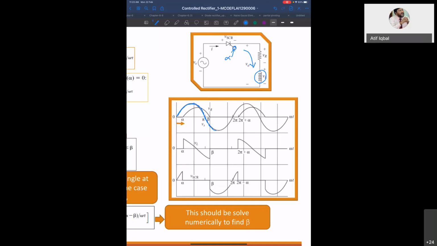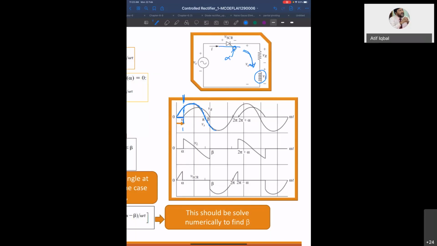If you trigger at an angle alpha, say you trigger at this point, then once you trigger, the SCR will be on and current starts flowing.